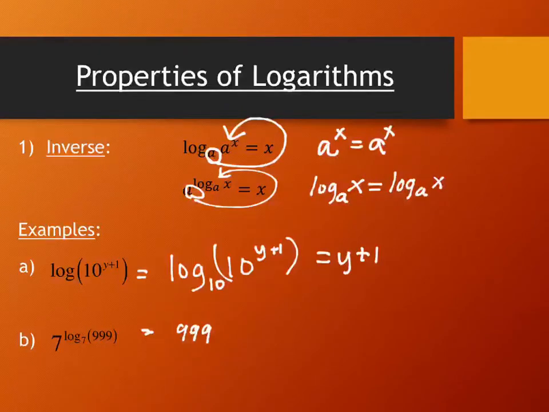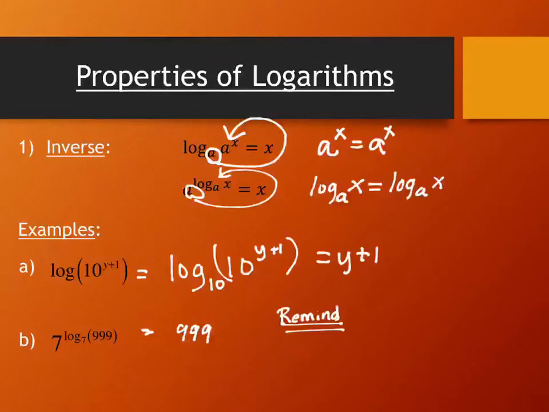We have 3 more properties that we're going to take a look at. And these 3 properties mirror some of our exponential properties from before. So if you'll remember when we did exponential properties, let me just remind you of a few that are helpful as we move to the next slide.